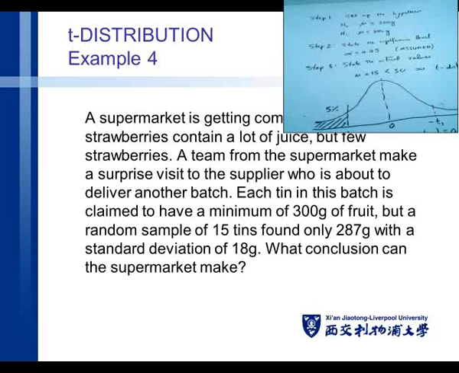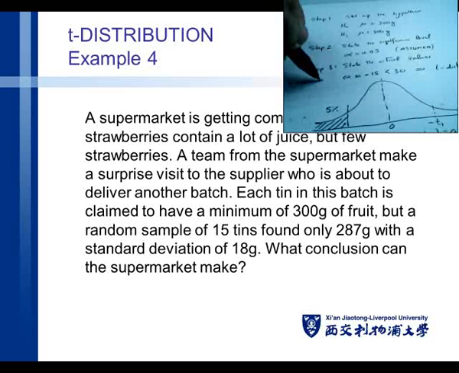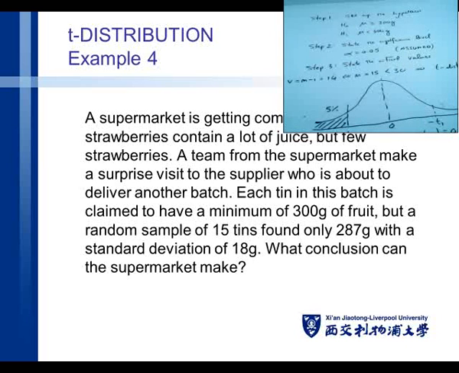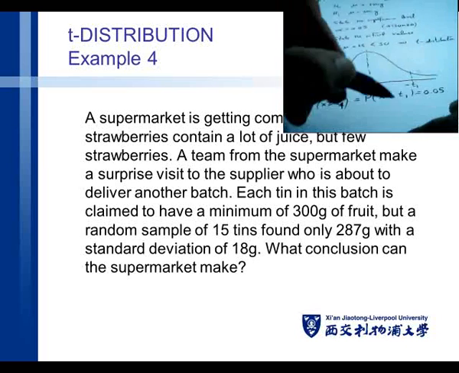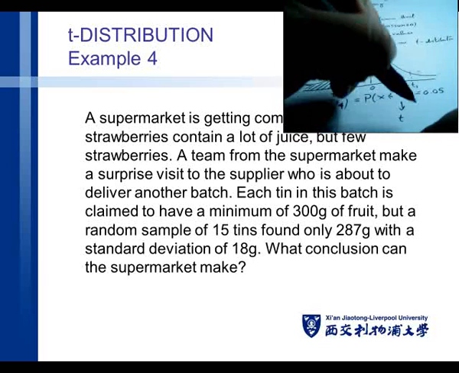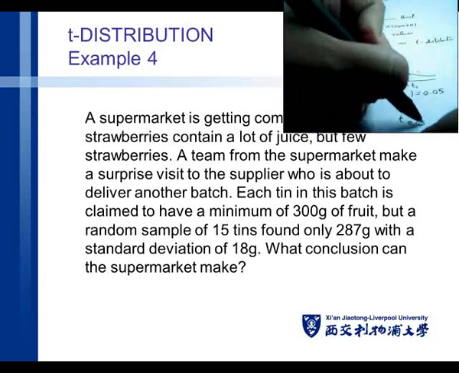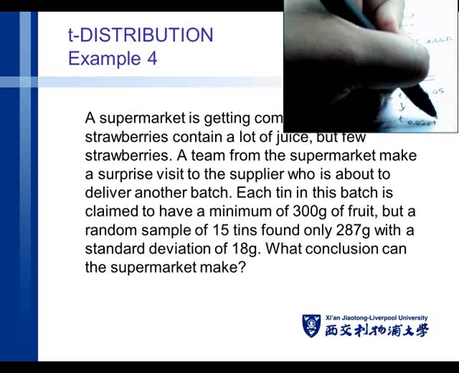Okay? And if you look this up in the tables, which value? So we need to define, the other thing is that sample size is 15, which means the degrees of freedom, v equals n minus 1, is equal to 14. So you look up this value in a t distribution, 0.05, 14.